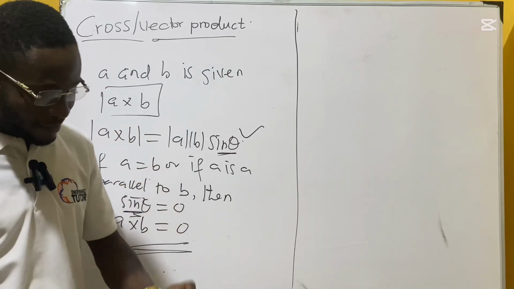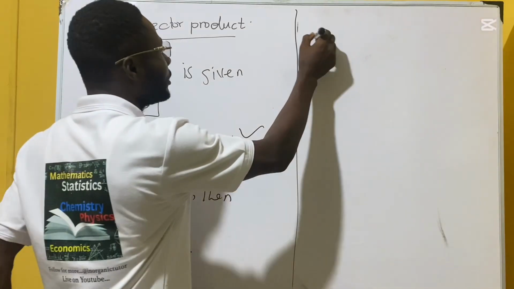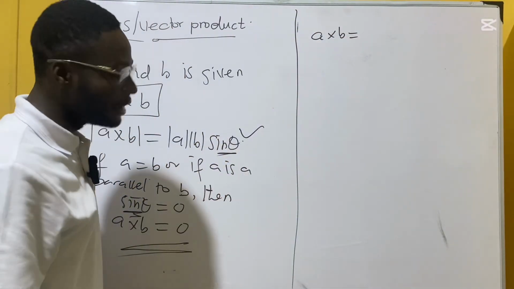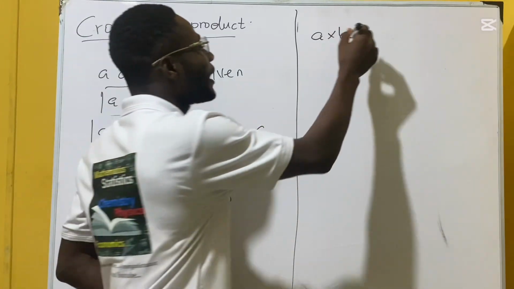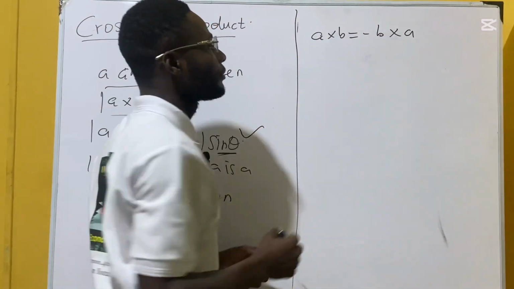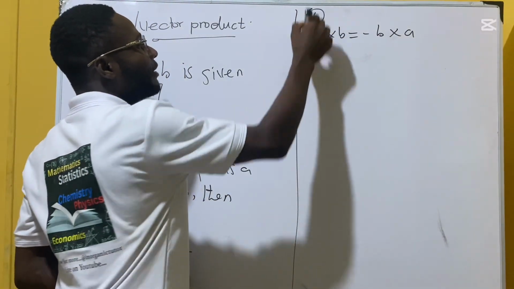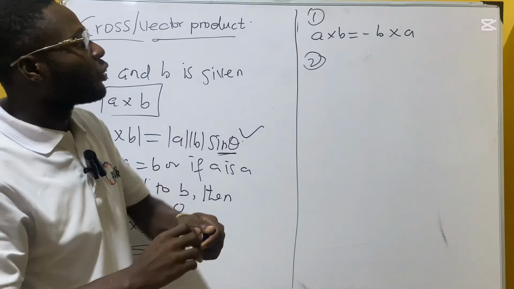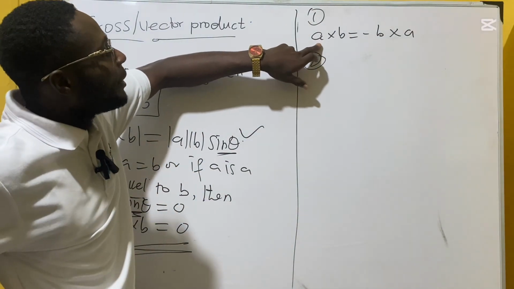So let's say that you have A cross B. This A cross B is equal to negative B cross A. That is the first property.